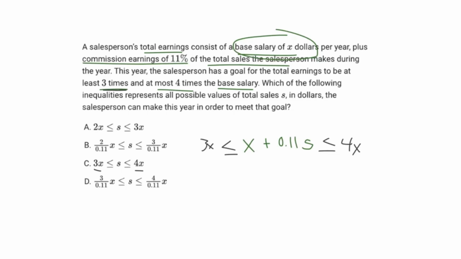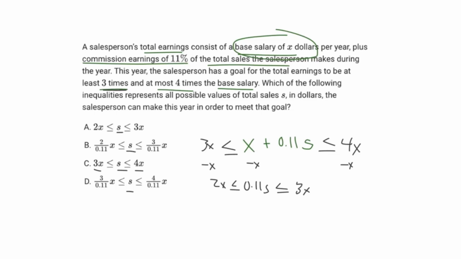So here, very simple, we can just subtract x on all sides, and we end up getting 2x less than or equal to 0.11s is less than or equal to 3x. And now again, we want to isolate for S because you see in all these answer choices, S is by itself in the middle as the total sales.